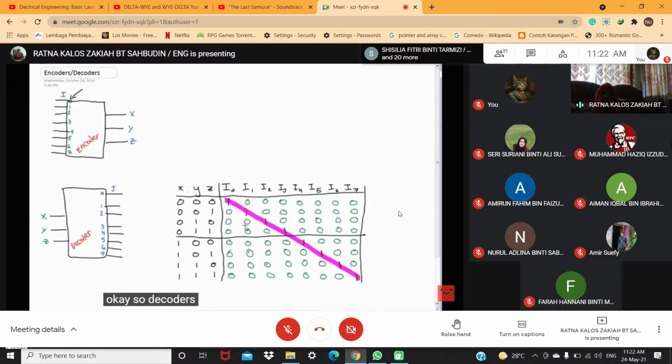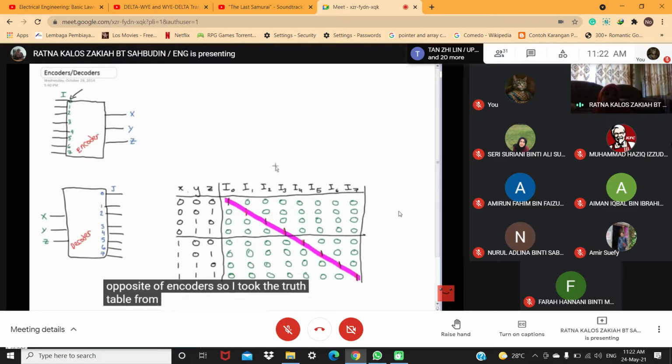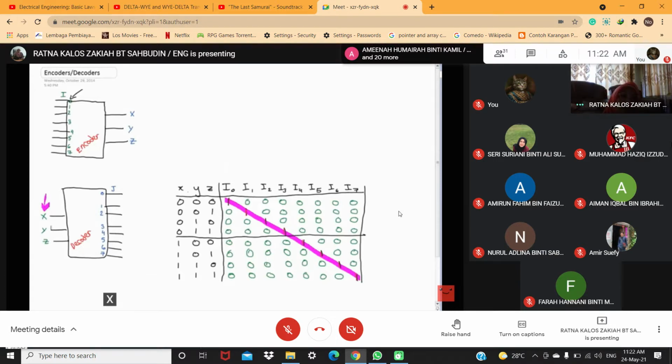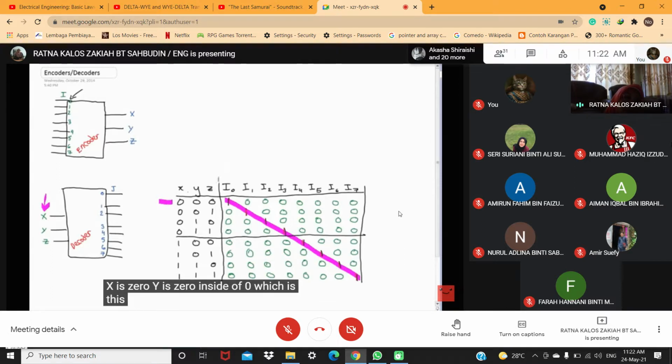Okay, so decoders are really just the opposite of encoders. So I took the truth table from the encoder that we just did, and I just reversed it. And honestly, it's the same concept. So when x is 0, y is 0, z is 0, which is this condition here, first condition, then I0 will be 1.